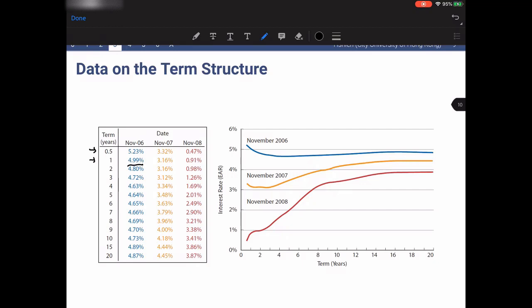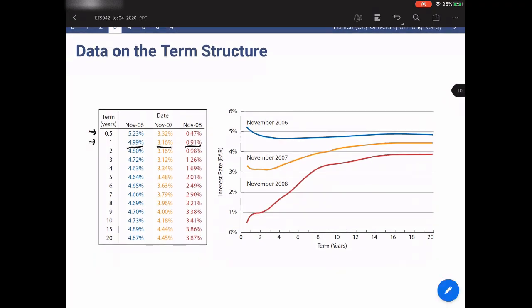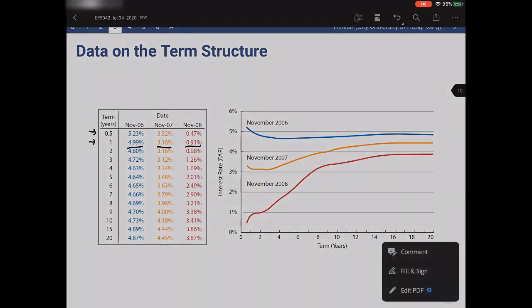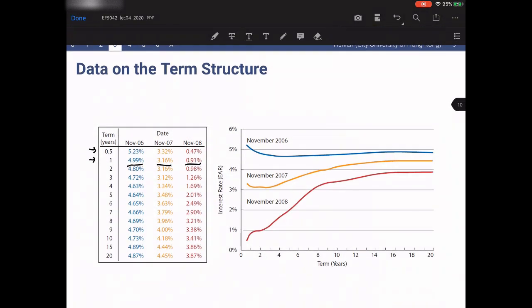But in 2007, you'll see that the 1 year interest rate actually drops to 3.16%. And in 2008, somewhere close to 0%, which is not surprising because we were at the zero lower bound by then already. Let me write some descriptions here just to remind you what I just said.